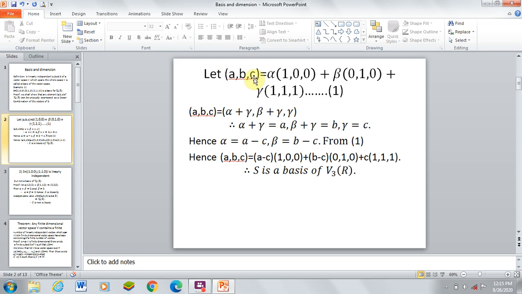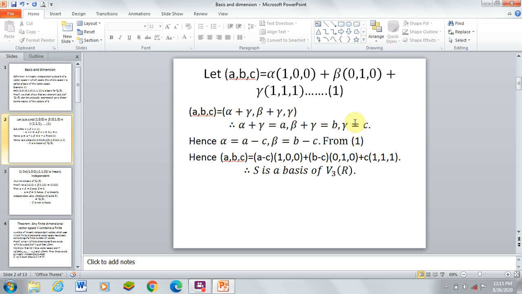Therefore, multiplying the scalars and adding, we simplify and get (alpha plus gamma, beta plus gamma, gamma). Comparing the left and right sides, alpha plus gamma equal to a, beta plus gamma equal to b, and gamma equal to c.